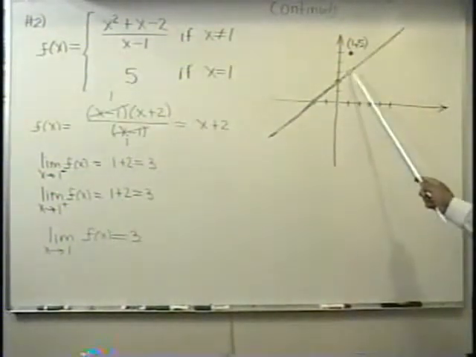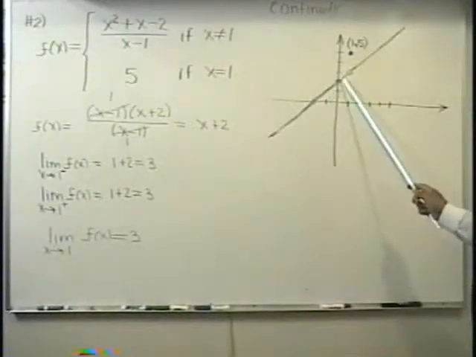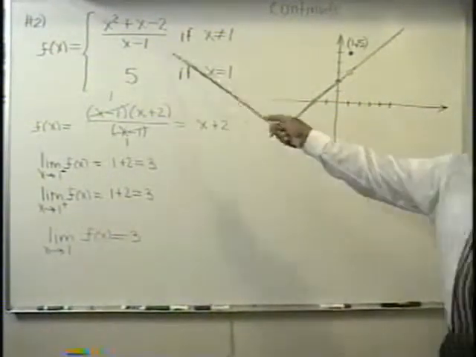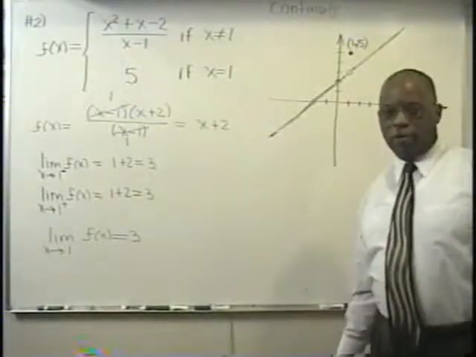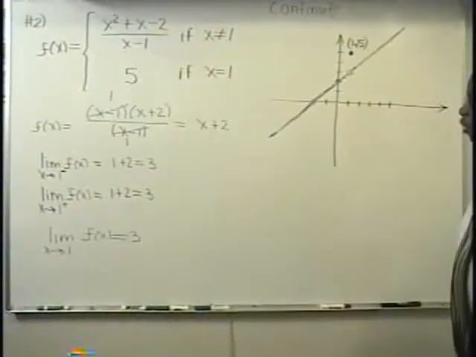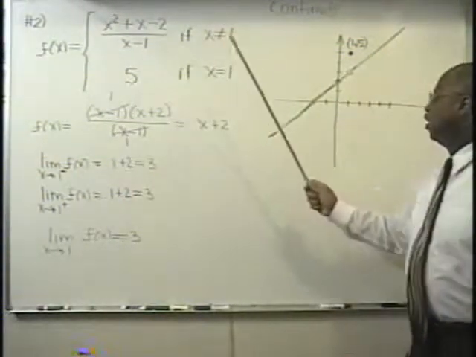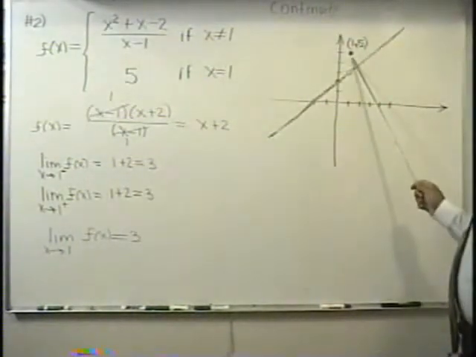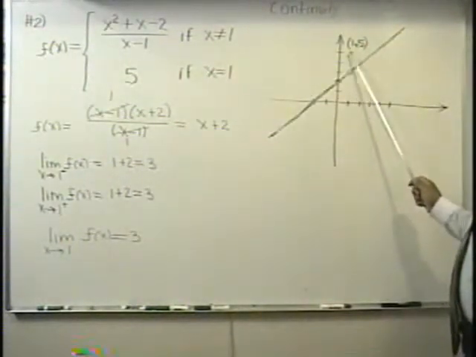Notice that the value 1, 3, it's not defined there because by the original function, we can't use x equals 1, so there's a hole here in the graph. But the function was defined to be 1, 5. This is called the removable discontinuity. So this discontinuity was removed, it was put up here.